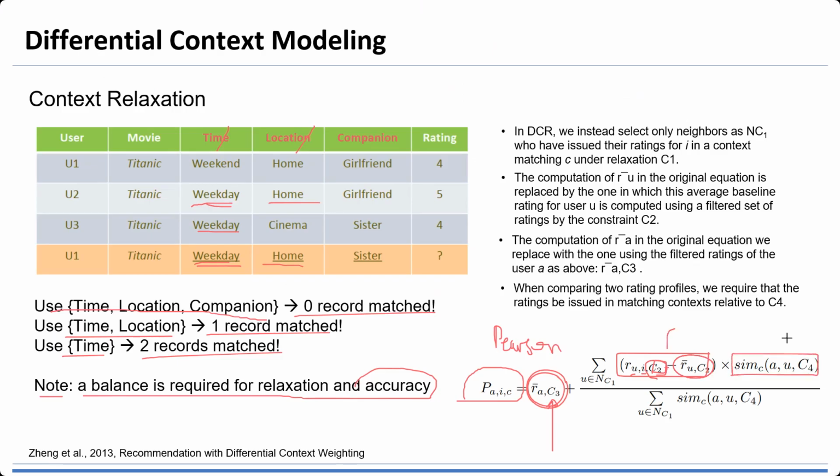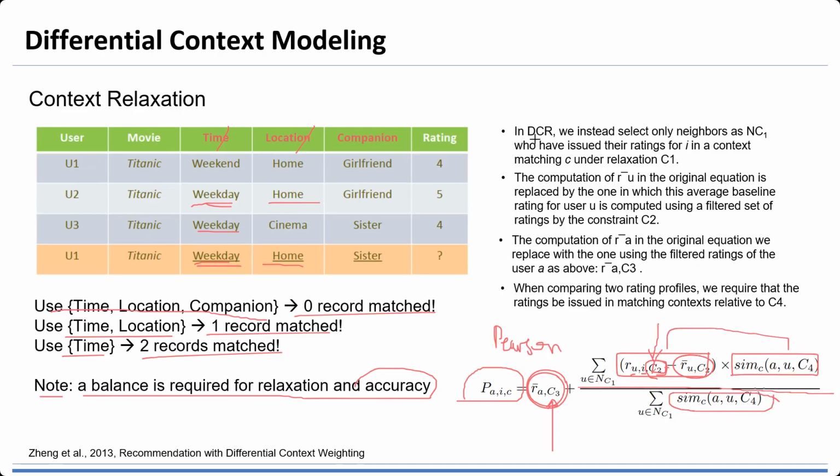So the idea is the same, but we just have one more condition, which is the context. And then we divide by the total of the similarity measures.